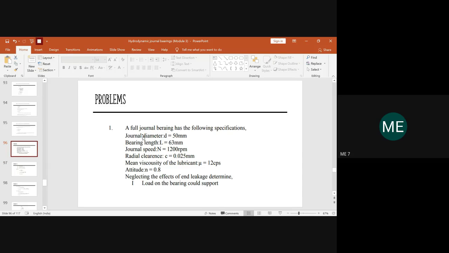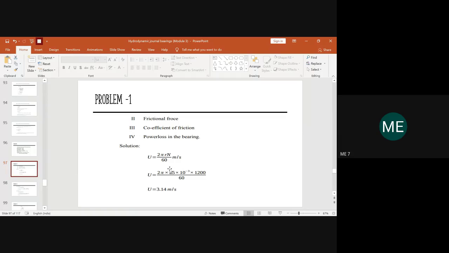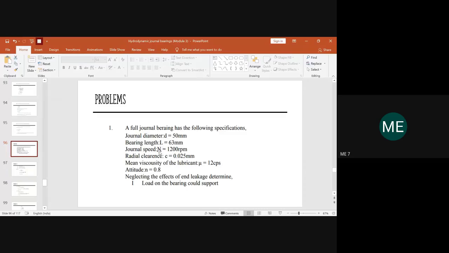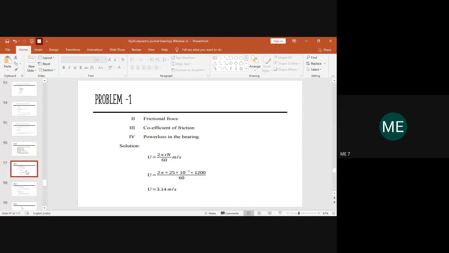Here the diameter is given, so you will write half the value of it. It will be 25, but don't write it in terms of mm. It will be in terms of meter, so you have to multiply 25 into 10 raised to minus 3. Then check the value of the journal speed. It is 1200, so kindly type it as 1200 and then divide by 60.